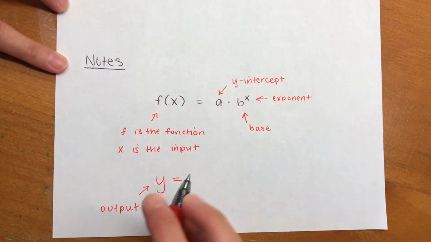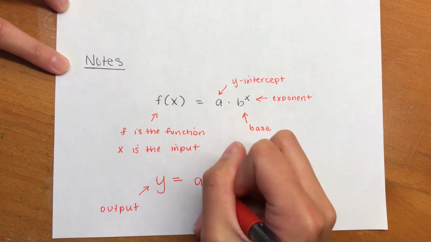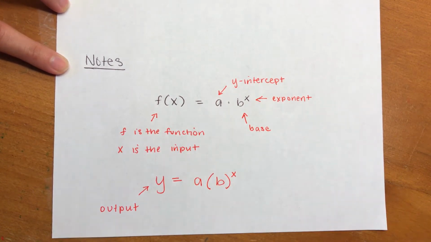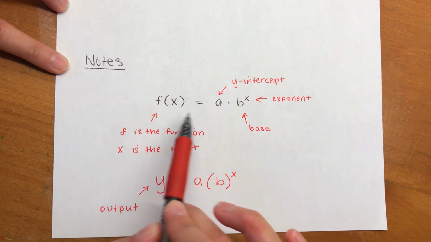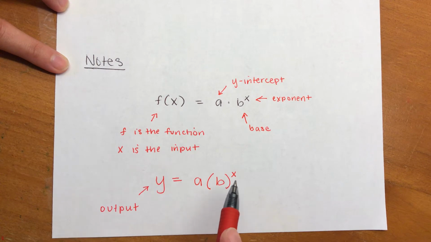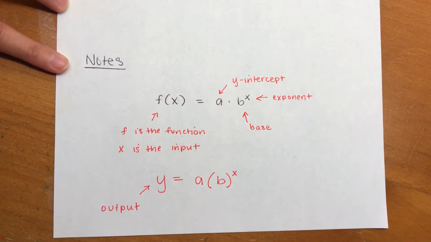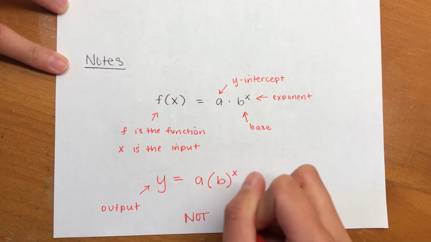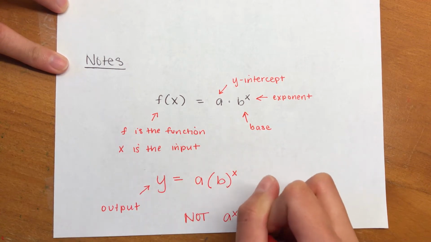Now I want to give you another way you might see this. You might see a and then parentheses b to the x. This formula is the same exact thing as this one. It's saying all the same things. We still have a times b to the x. Okay? The x is still only going to be the exponent for b. Right? So it does not equal a to the x, b to the x.